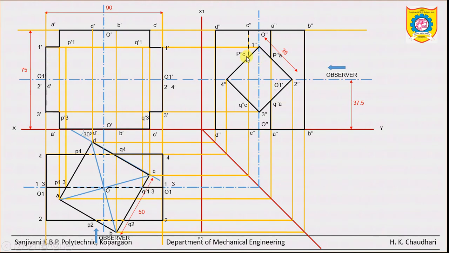So we have made the hidden edge up to P double dash C. Similarly from the bottom side also. So the side view we have completed.